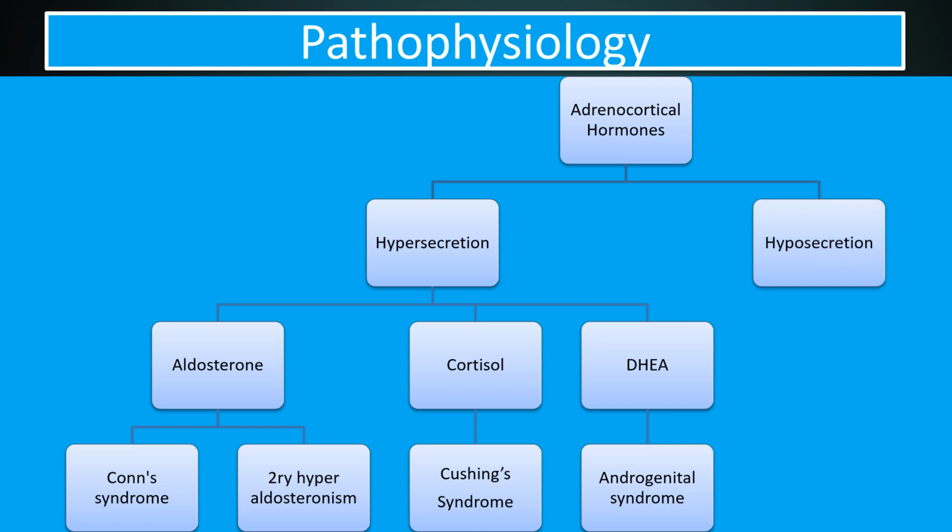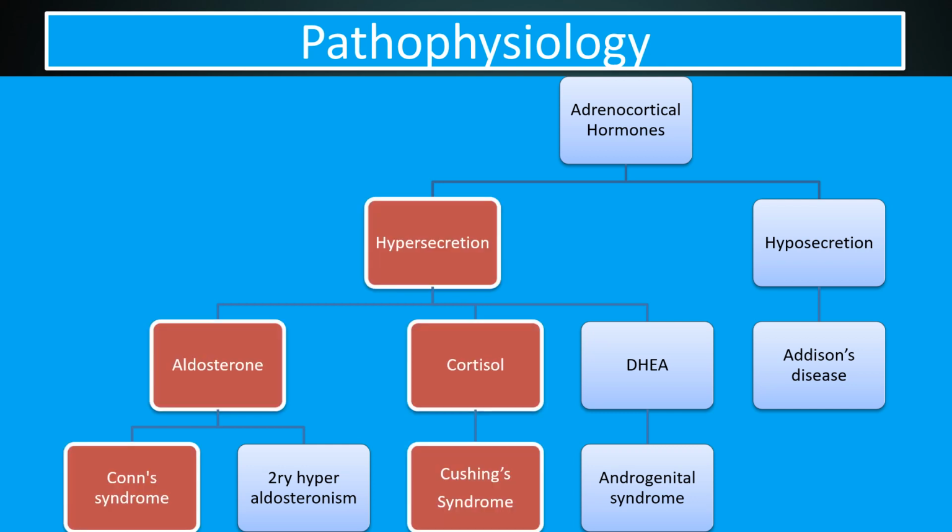Hyposecretion of adrenal gland hormones produces Addison disease, which is a generalized hyposecretion of the adrenal gland. In this course, especially the first scenario, we will discuss the two main cases: hypersecretion of aldosterone that produces Conn syndrome and hypersecretion of cortisol that produces Cushing syndrome.